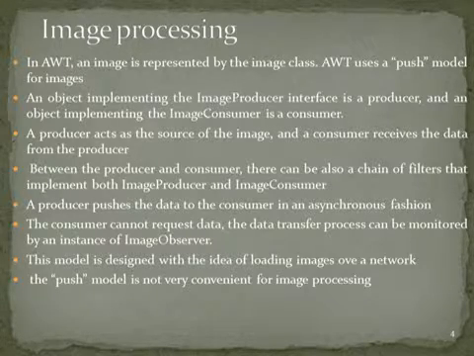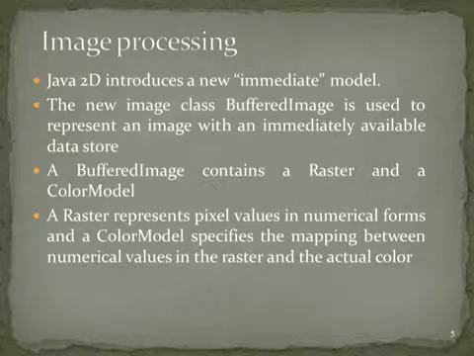The push model is not very convenient in image processing. Due to this, Java 2D introduces a new immediate model. The new image class, BufferedImage, is used to represent an image with an immediately available data store.